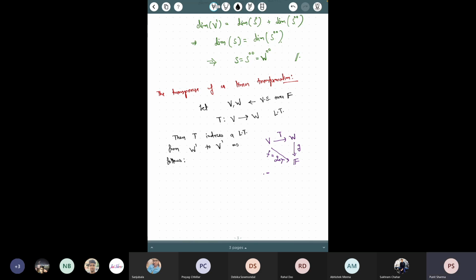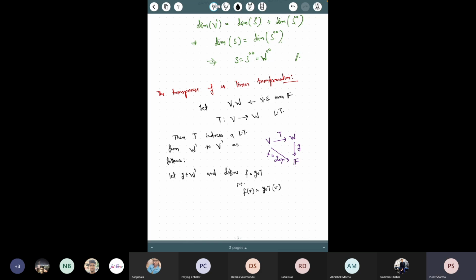So how does it do this? If I take any element g in W dash, then using this g, I can define this f, which is basically g composition with t. You can see that this f is a function from V to F. So f of v is equal to g composition t of v.